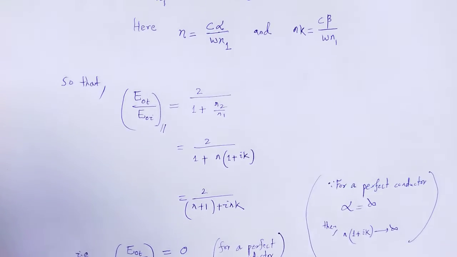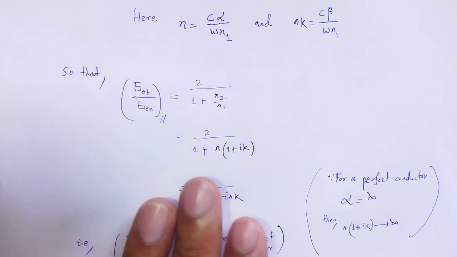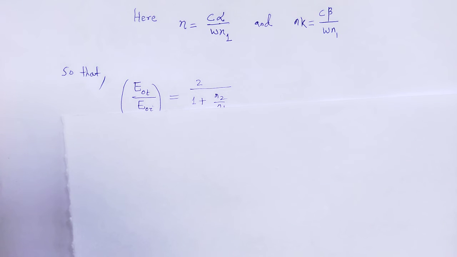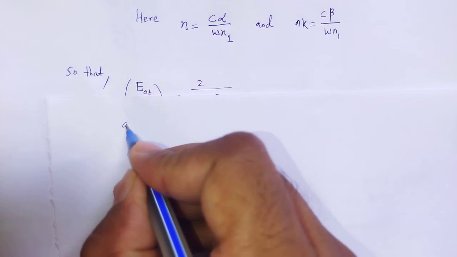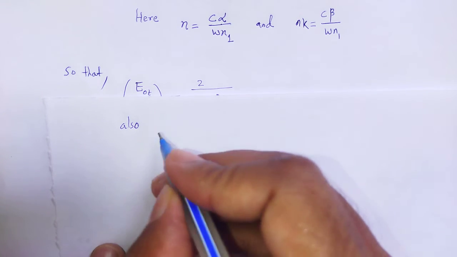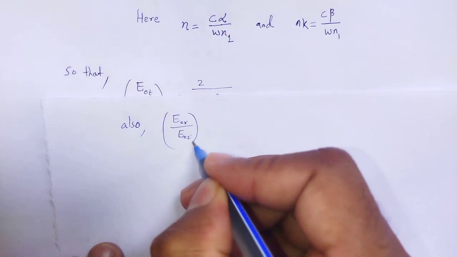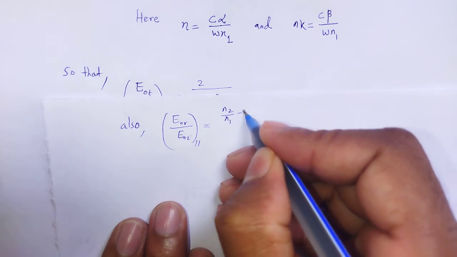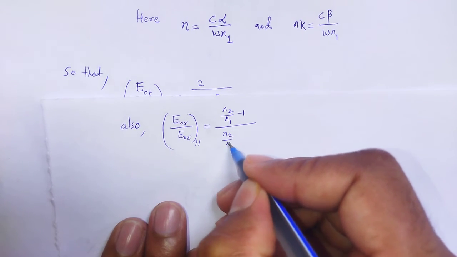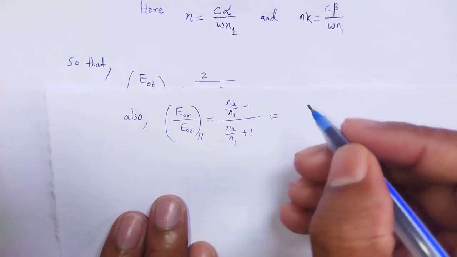To calculate that reflection coefficient, the E over EOI parallel term is needed, that is N2 by N1 minus 1 divided by N2 by N1 plus 1. What is N2 by N1?